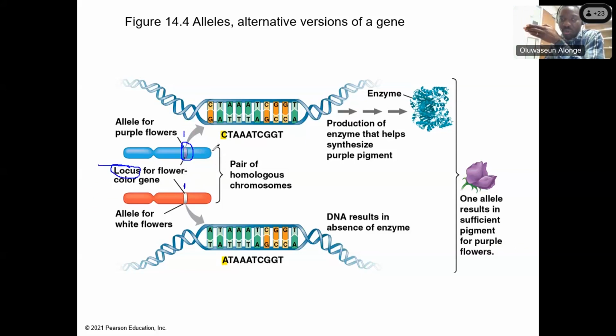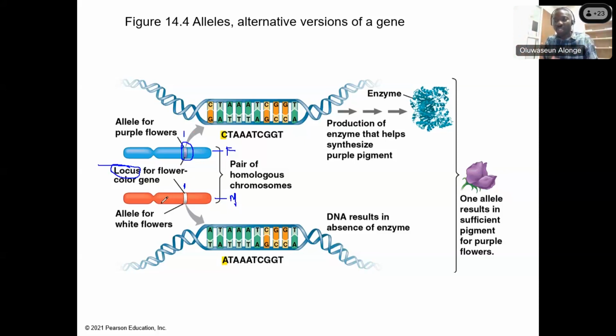This is the chromosome from father. This is the chromosome from mother. So I think I'll tell you this now. You remember when we talked about homologous chromosomes in chapter 13, when we were looking at meiosis.